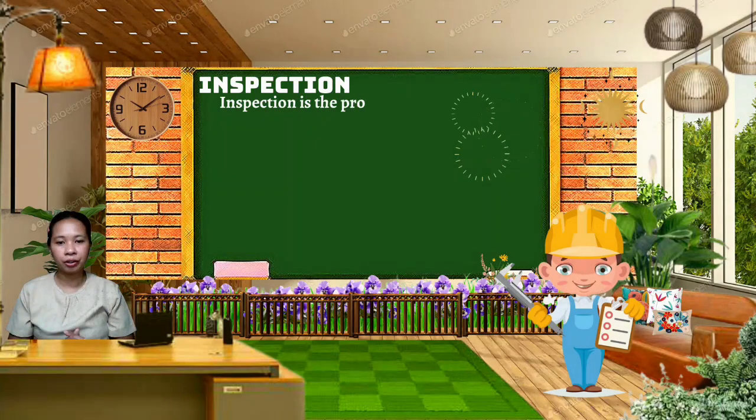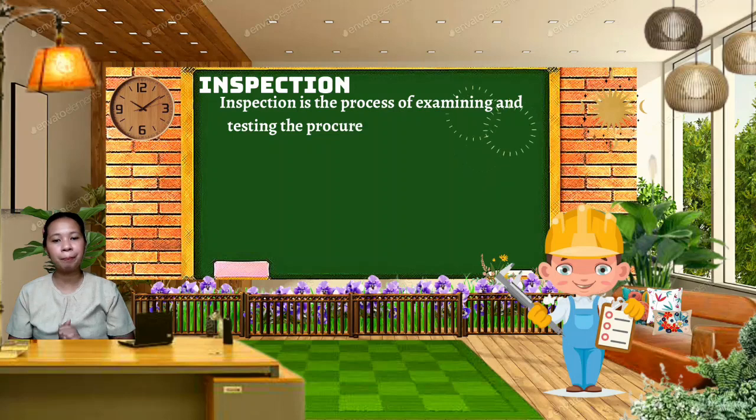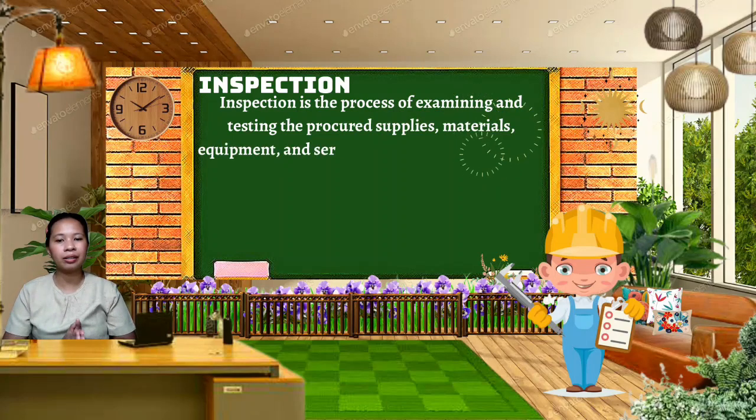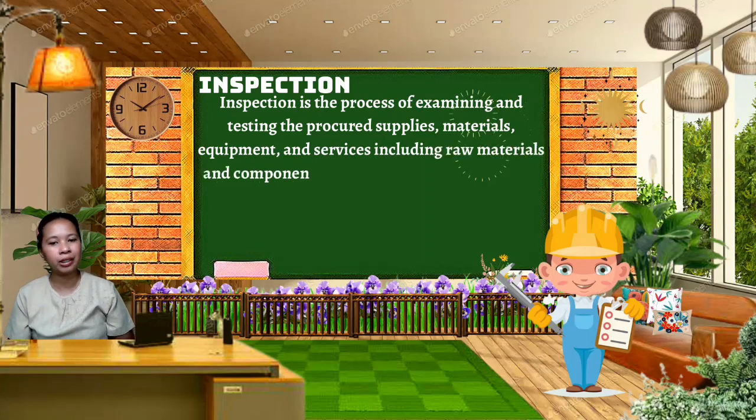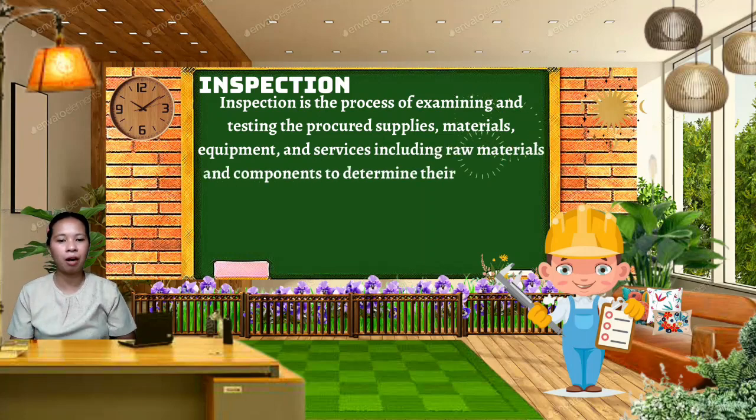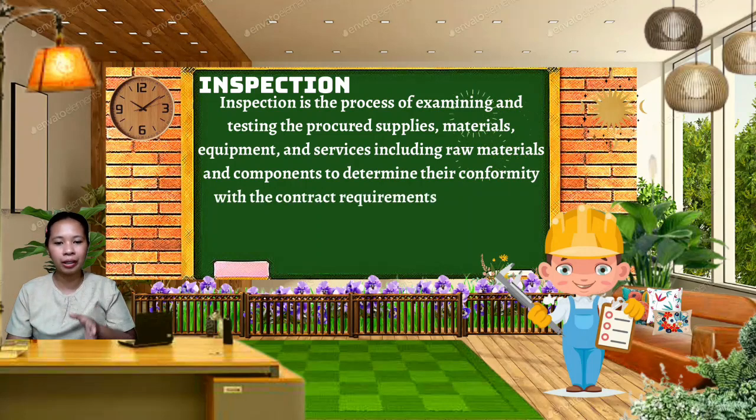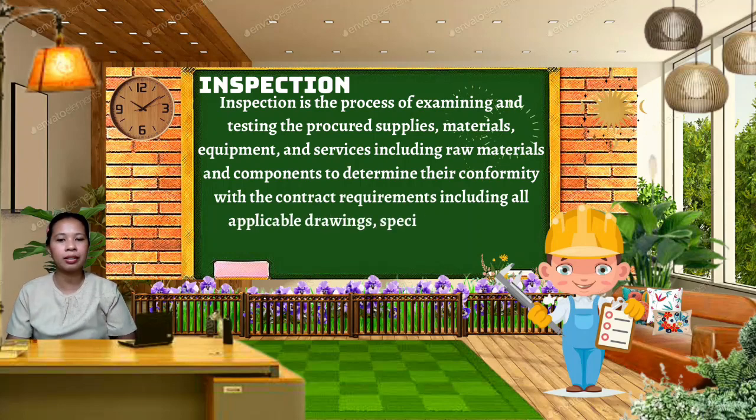Okay, the inspection is the process of examining and testing the procured supplies, materials, equipment, and services, including raw materials and components, to determine their conformity with the contract requirements, including all applicable drawing specifications and purchase descriptions.